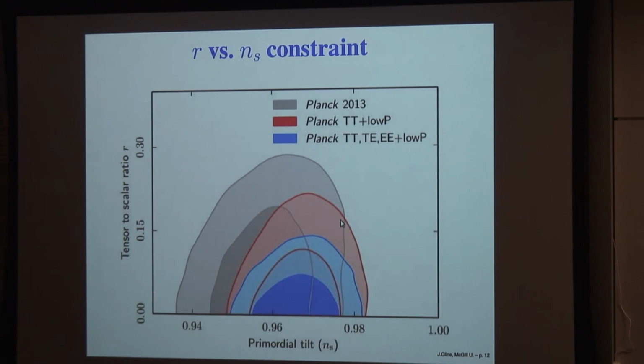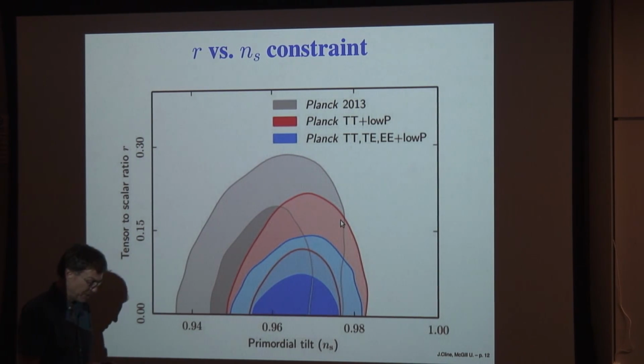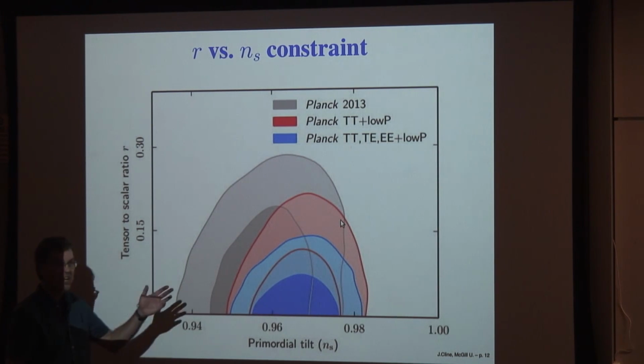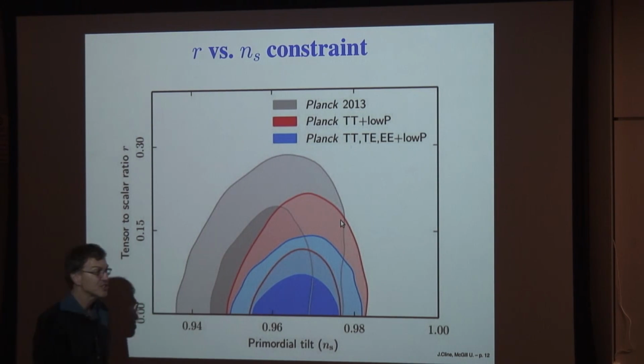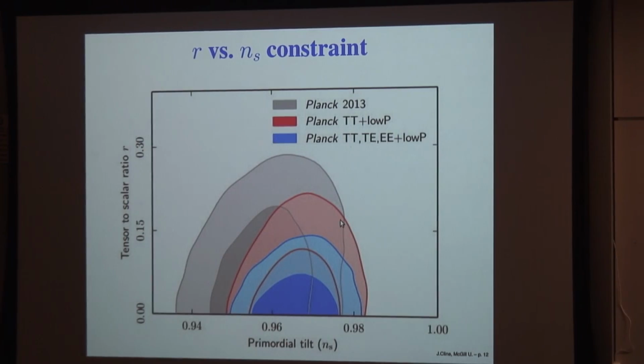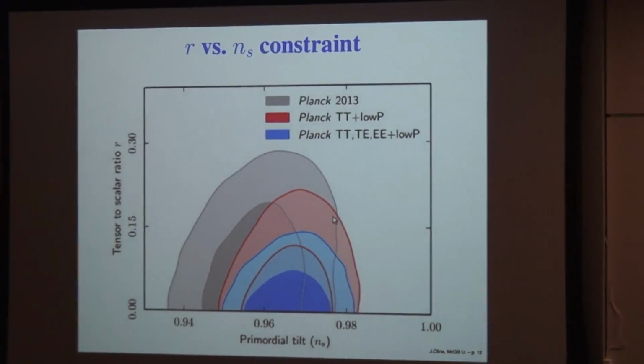And the various ellipses here are what you get from, you see, you get less constraining power if you only look at the temperature fluctuations by themselves. But if you look at temperature combined with the E-mode polarization, then you get stronger constraints. And so now it'll be interesting to see how the model predictions fit onto this picture. And I think that's what I want to get into next.